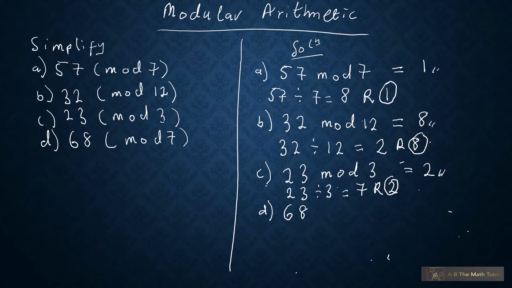So 68 mod 7 will be, so 68 divided by 7 will be what? 68 divided by 7 will be 9 remainder 5. So that will be 5.